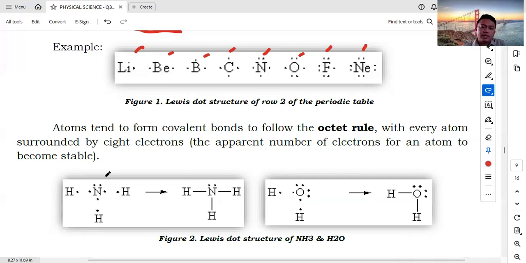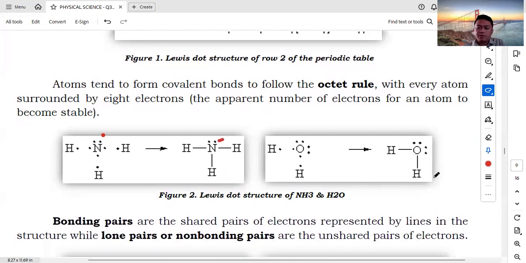And for nitrogen, it's 5 since it belongs to group 5. Therefore, to make the electrons become stable, we will now follow the octet rule. It will now be shared from nitrogen to hydrogen, right? And we have one remaining lone pair, right?